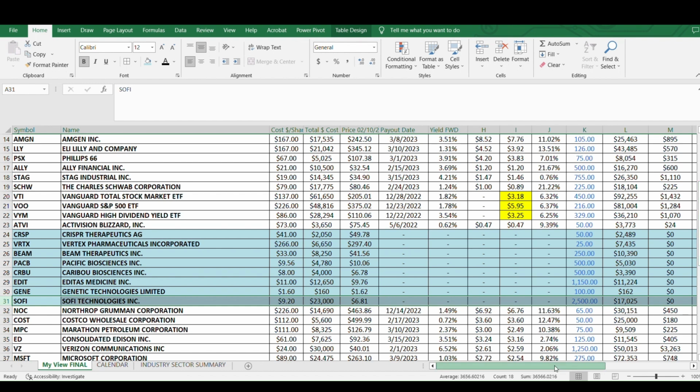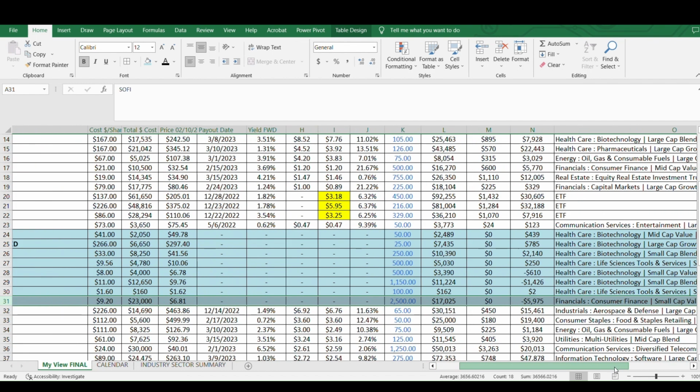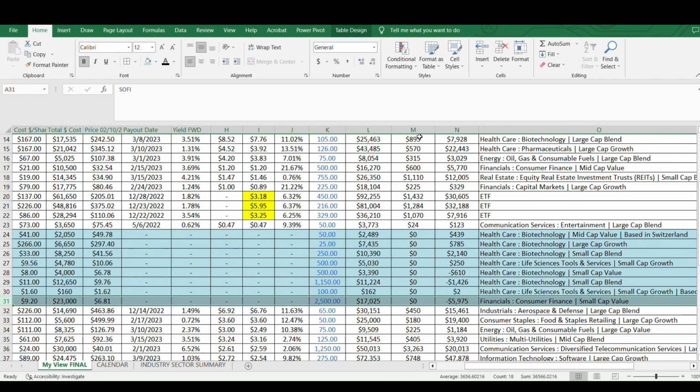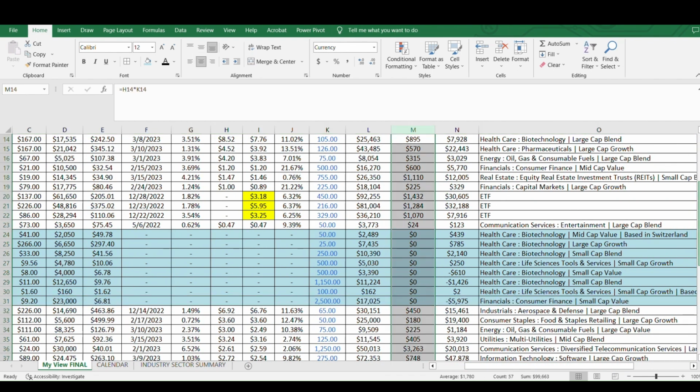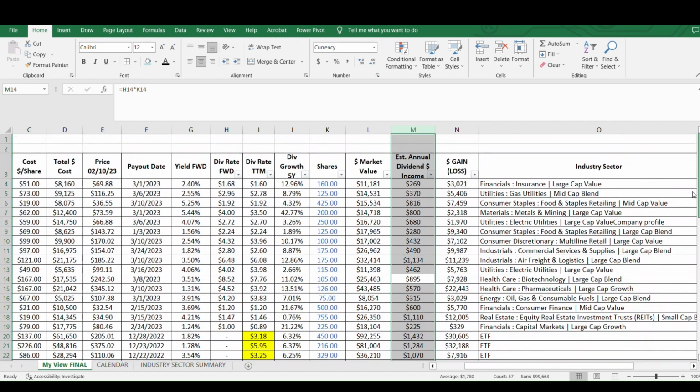I actually have a few shares of them. He's got 2,500 shares. Not bad. Of course, it's pretty cheap right now. So let's see what else. What else is he not winning in right now? He's winning in most of the stuff. He's doing pretty well.